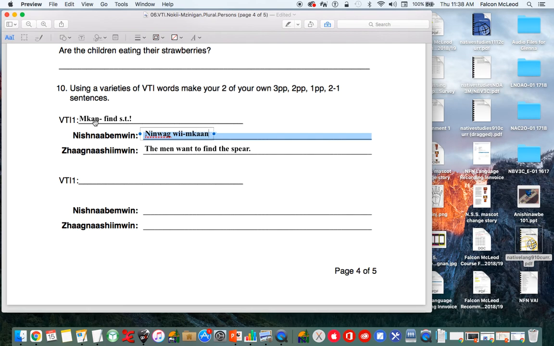Remember, we're extending that single A in our VTI-aawans to double A. Then we need our suffix for third person plural, wa. Now the spear is singular, so we just need I. And then our word for spear, bjibwigun. Alright, so that's one.